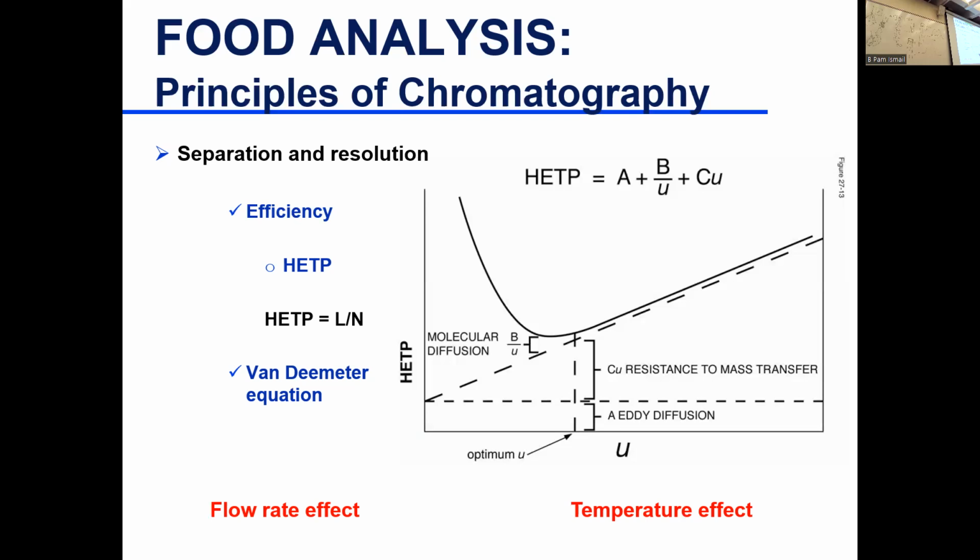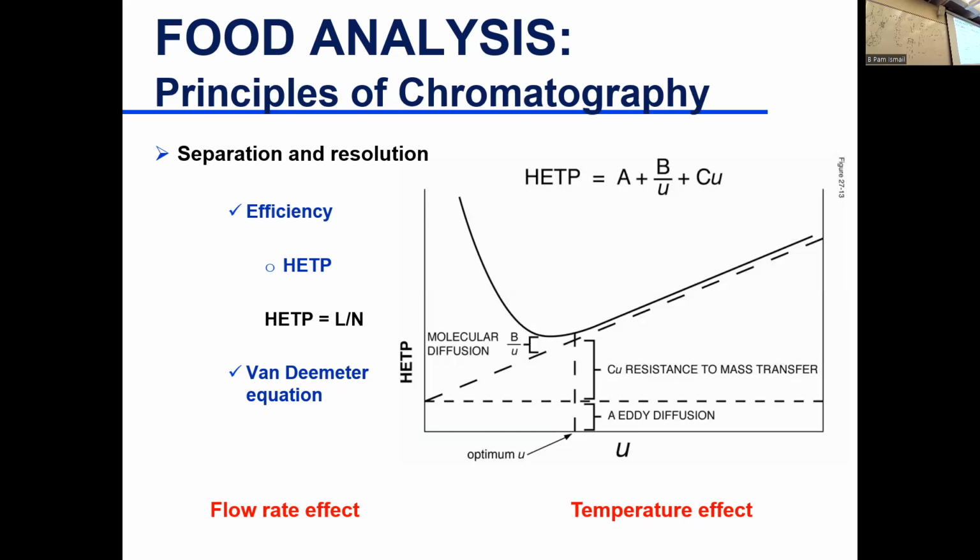So you want to find your conditions. You want to find your optimum flow rate where you have the lowest or the shortest height equivalent of theoretical plate. The shorter it is, the sharper the peaks, the better the resolution. So that's the effect of the flow rate, and the temperature plays a really important role in the mass transfer and the movement, and reaching equilibrium faster.